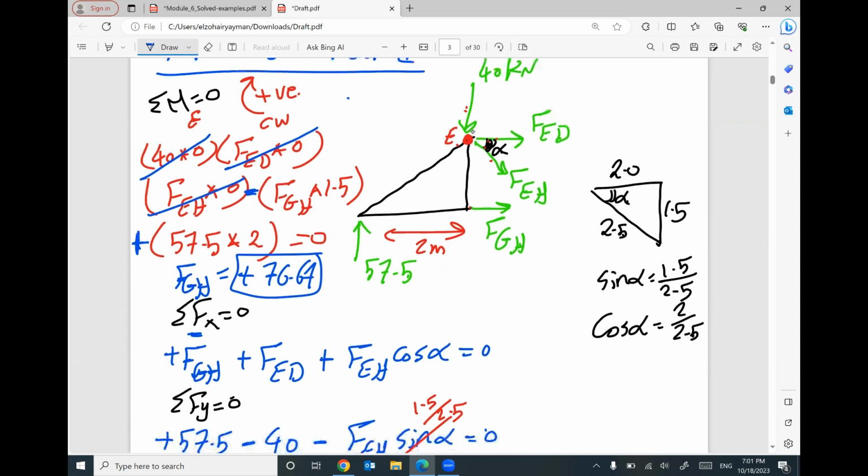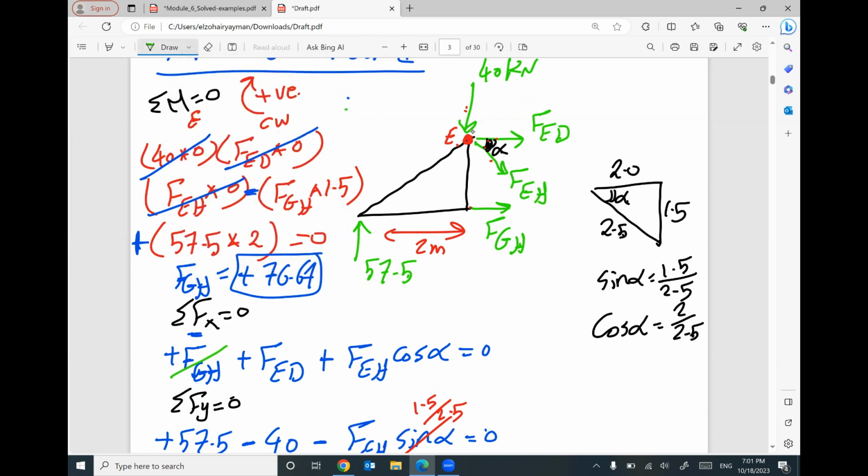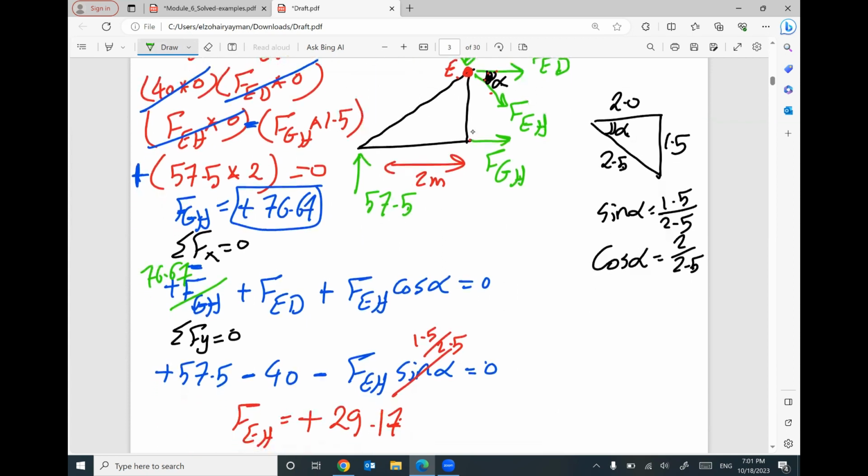If you go back here and put the value for FGH, 76.67, and FEH, 29.17, cosine alpha 2 divided by 2.5, the only unknown is FED. I can find the value of FED.